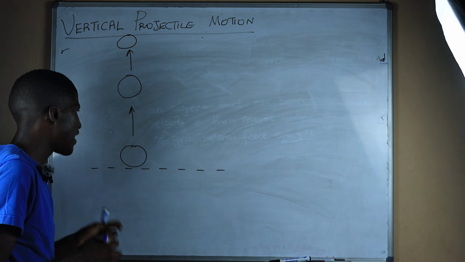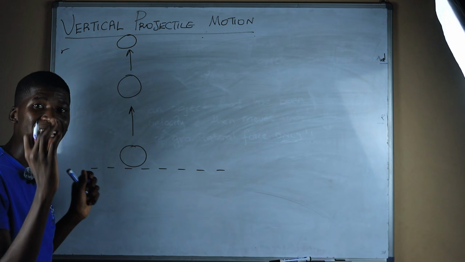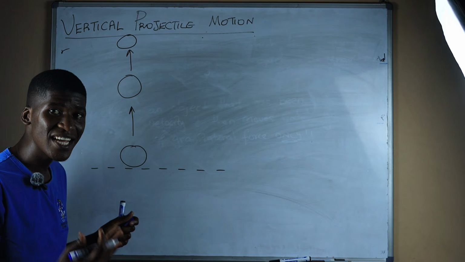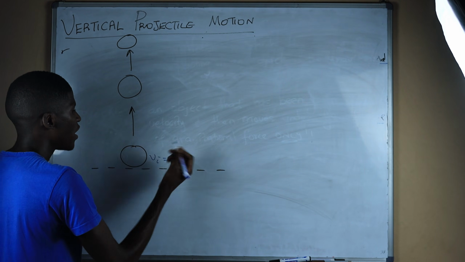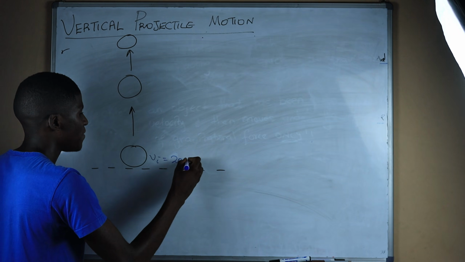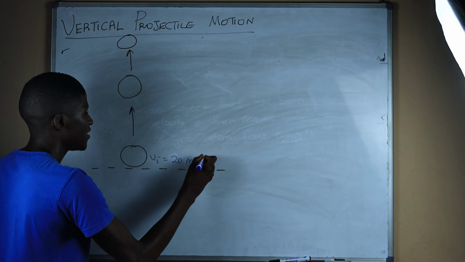So what is actually happening here? At first, you threw the ball up, you gave it an initial velocity, right? Maybe, let's just say you gave it 20 meters per second.